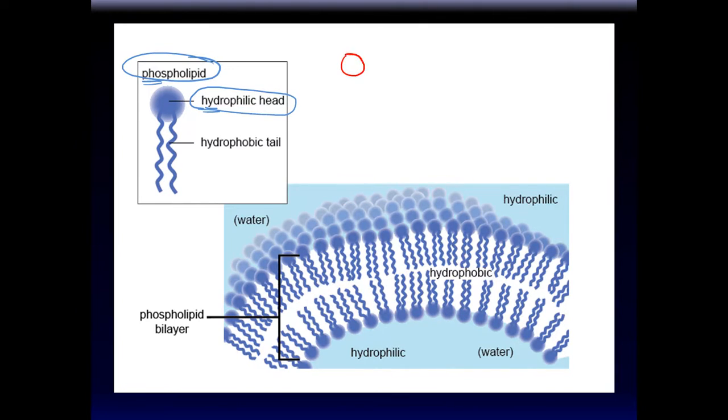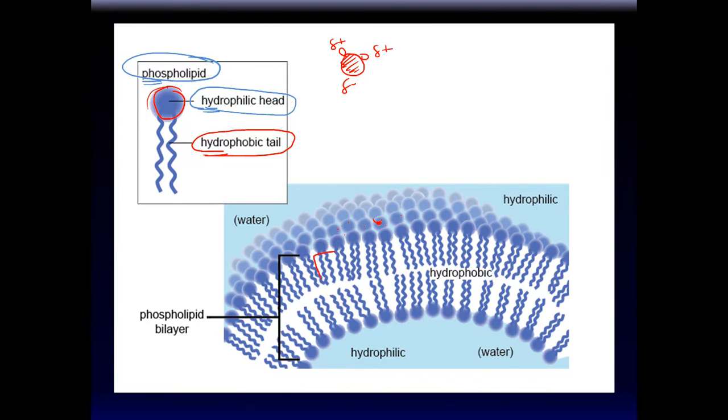If you recall, water is a polar molecule. It has delta negative and delta positive charges, and this head, being charged, is able to interact with water. So water molecules are able to interact with this side. This other side of the phospholipid, however, is hydrophobic, or water-fearing.